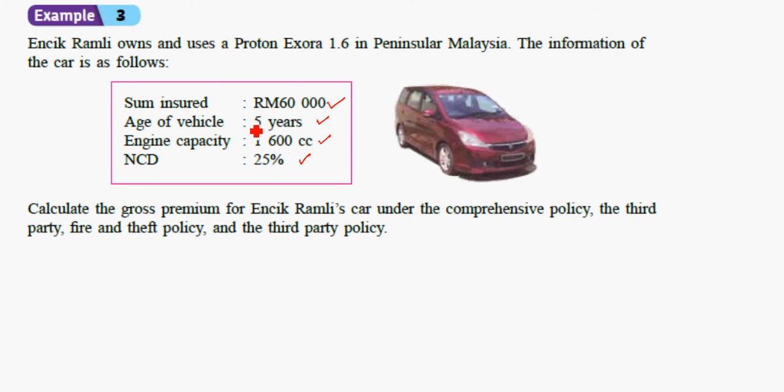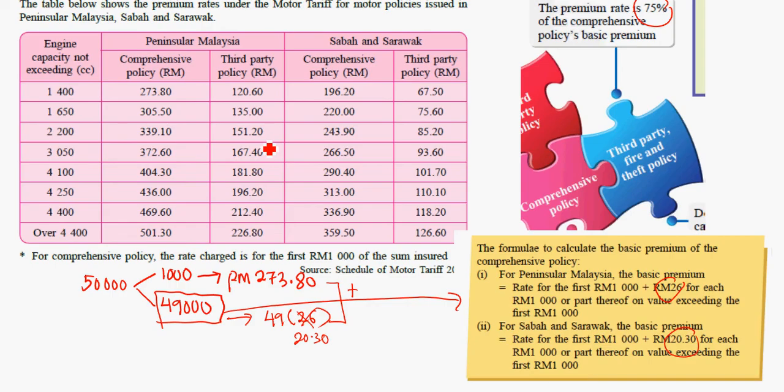Refer to the table for 1,600 cc. For 1,600, we have only 1,400, right? But it said not exceeding, because 1,600 exceeds 1,400, so we cannot take the first row. We must take the second row rate. So for 1,600 for the comprehensive, the price is 305 ringgit 50 cent for the first 1,000.